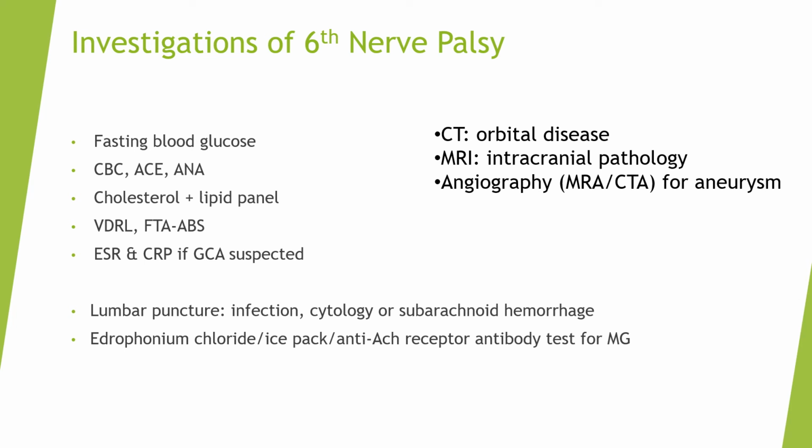Lumbar puncture is done if there's suspicion for infection or subarachnoid hemorrhage, like thunderclap headaches in the morning. Ice pack test and anti-acetylcholine receptor antibody test can be done for ruling out myasthenia gravis as well. And imaging and angiography can be done for ophthalmic and intracranial pathologies, as well as aneurysm in the head.